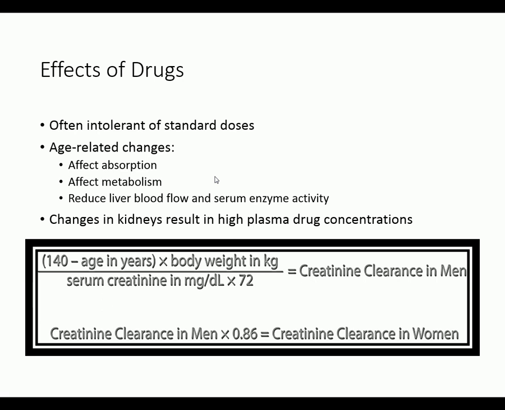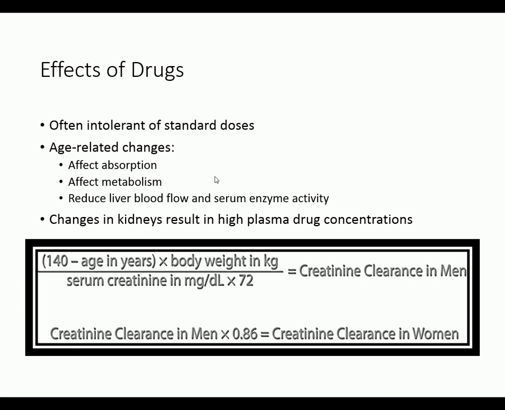Okay, distribution can be affected by the amount of body water, adipose tissue, albumin level, and cardiac output that the patient is having. The metabolism is affected by a decreased liver size and activity, which increases your plasma concentrations of the drugs. Okay, this is where you're going to see drug toxicity.